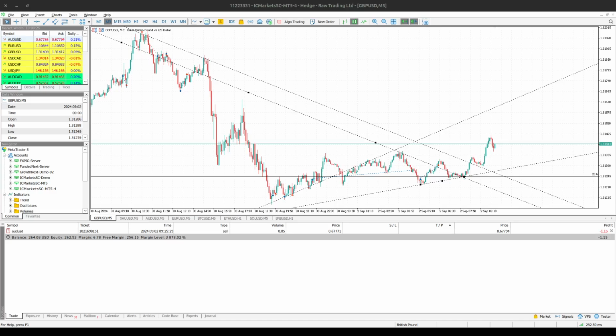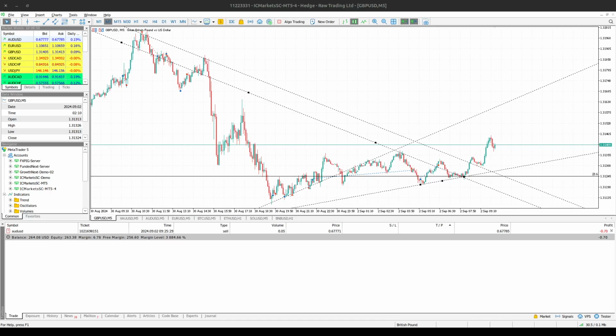First of all, we are going to make sure that if it hits this particular price point, then this is what we will do. The high was 1.31456. I'm going to place a stop loss at about 200 points, and I'm going to place my take profit at about 400 points.